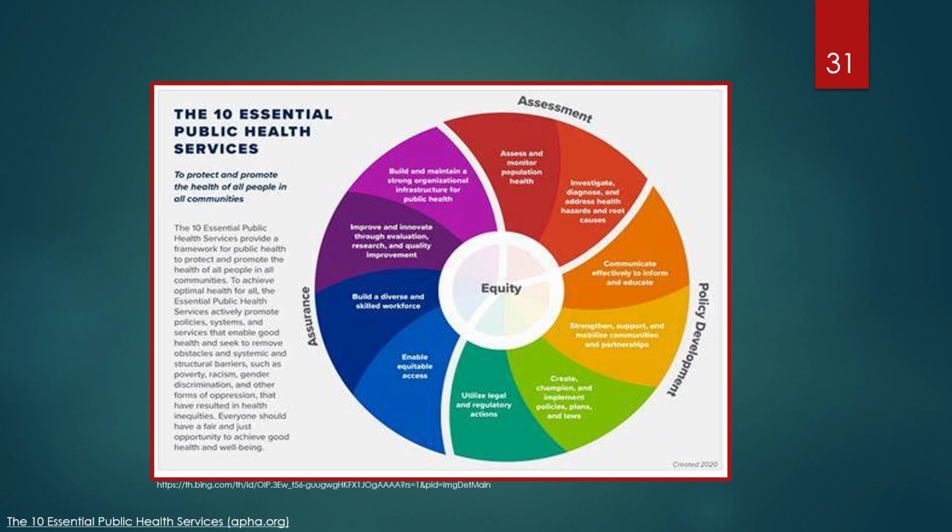Create, champion, and implement policies, plans, and laws. 6. Utilize legal and regulatory actions. 7. Enable equitable access. 8. Build a diverse and skilled workforce. 9. Improve and innovate through evaluation, research, and quality improvement. 10. Build and maintain a strong organizational infrastructure for public health.